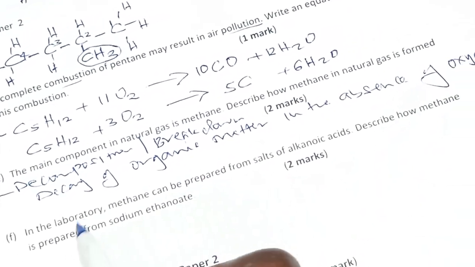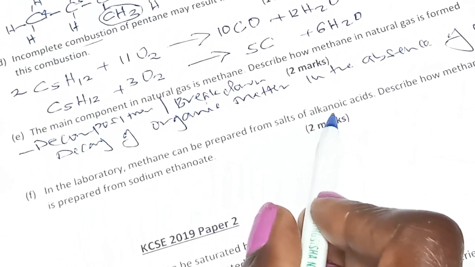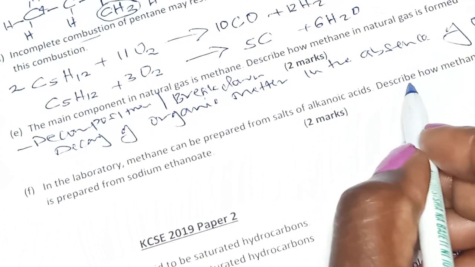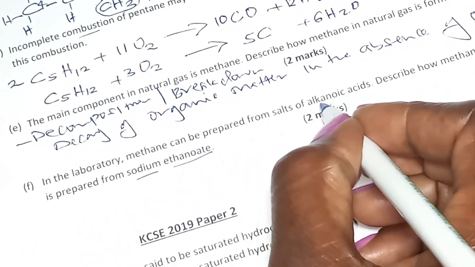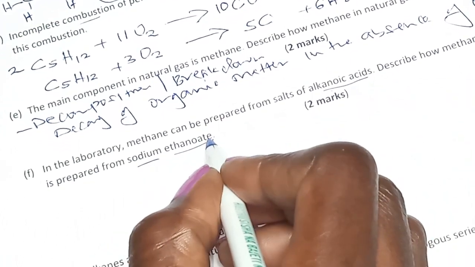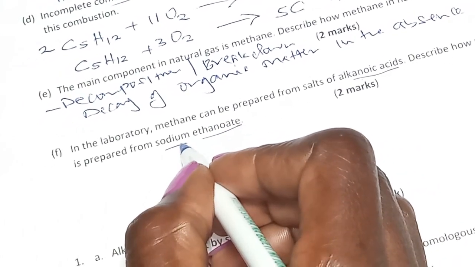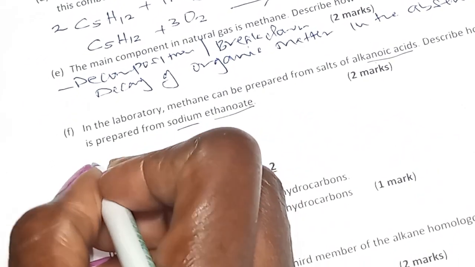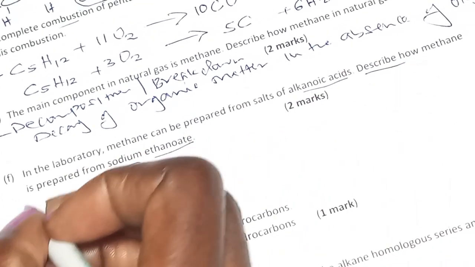The last part, in the laboratory, methane can be prepared from salts of alkanoic acids. Describe how methane is prepared from sodium ethanoate. Alkanoic acids are carboxylic acids. Sodium ethanoate is a salt of a carboxylic acid, used with sodium hydroxide. Because it's a descriptive question, you have to explain.